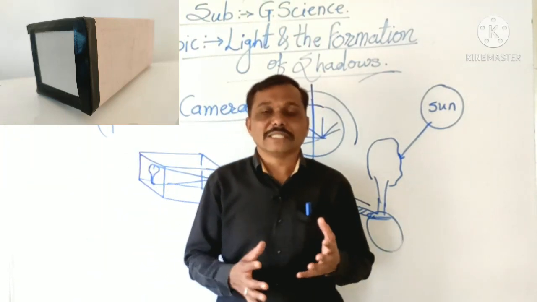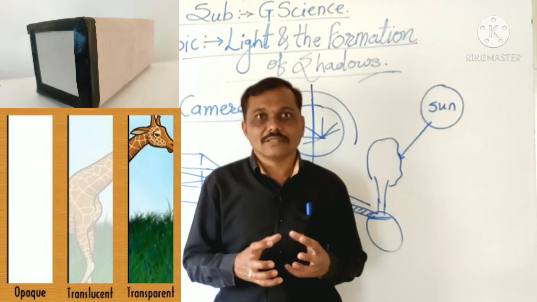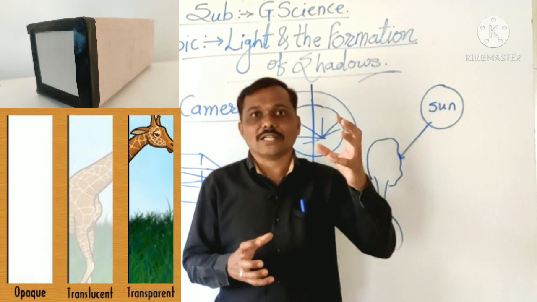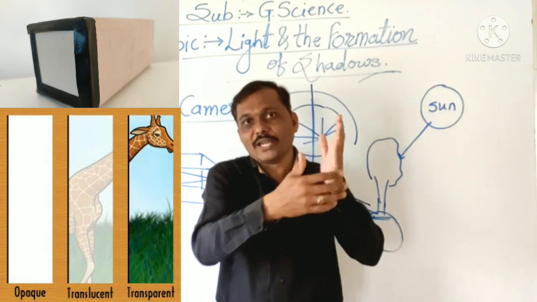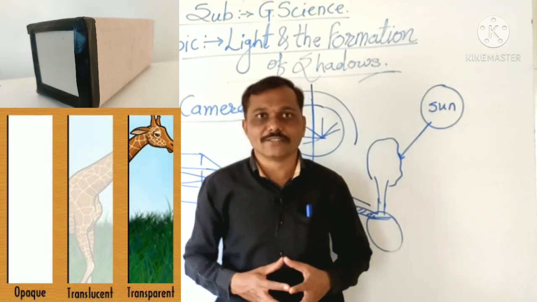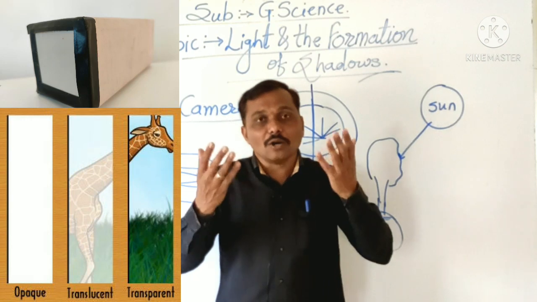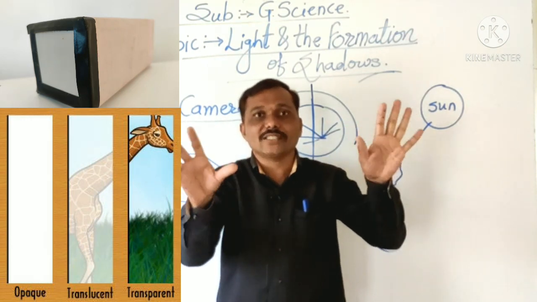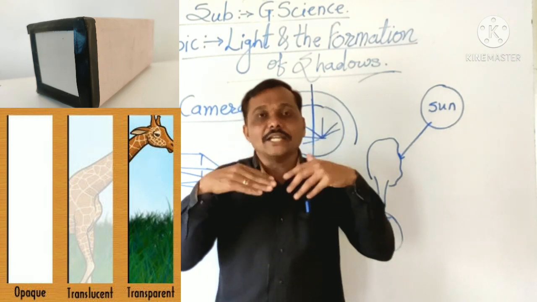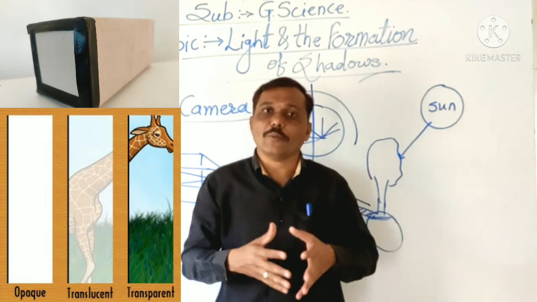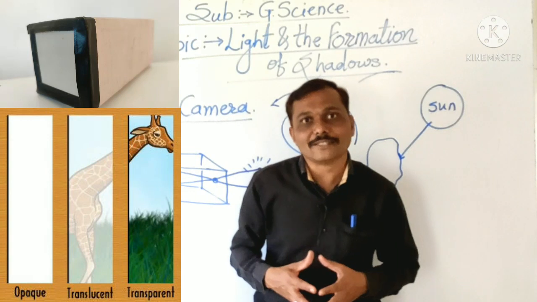Then we learned about opaque objects. When an object doesn't allow light to pass through it, and darkness forms behind the object, that is called an opaque object. Some objects allow light to pass through them, that is called a transparent object. Some objects allow light to pass through partially, such an object is called a translucent object.